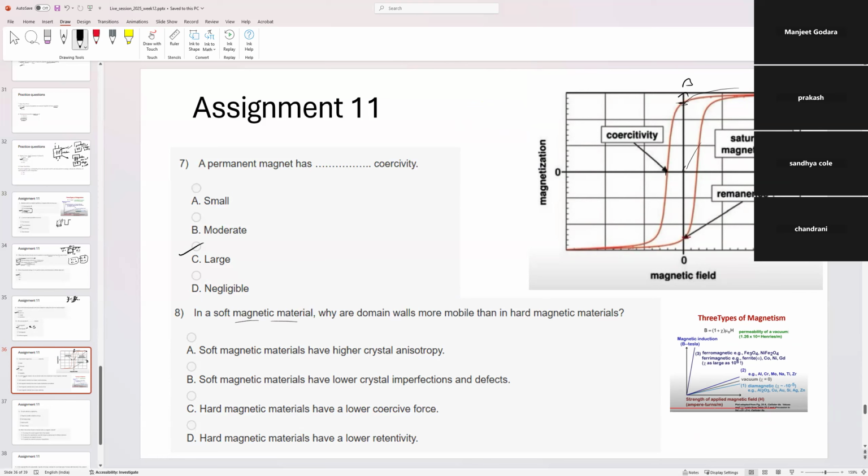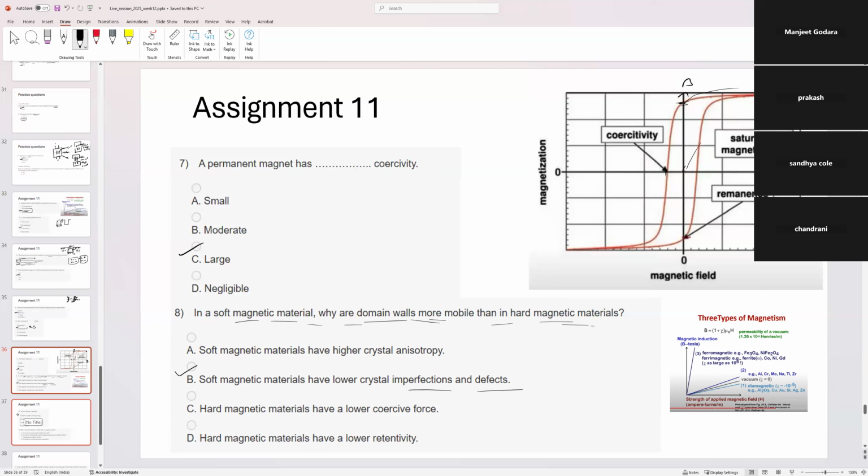In soft magnetic material, why are domain walls more mobile than in hard magnetic materials? Answer is low crystal imperfection or defect.